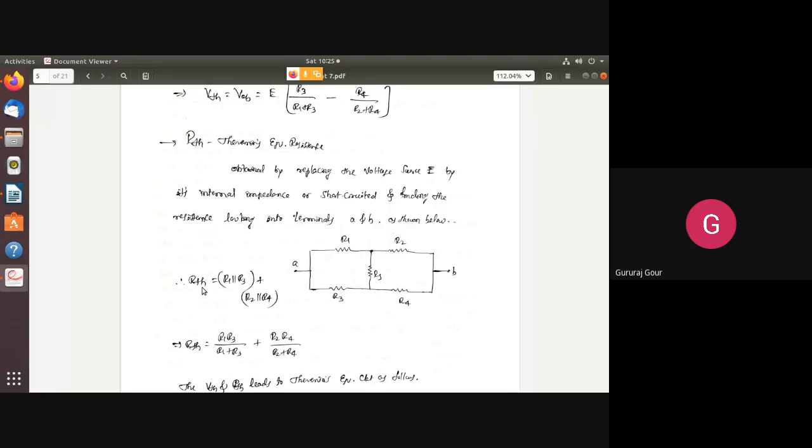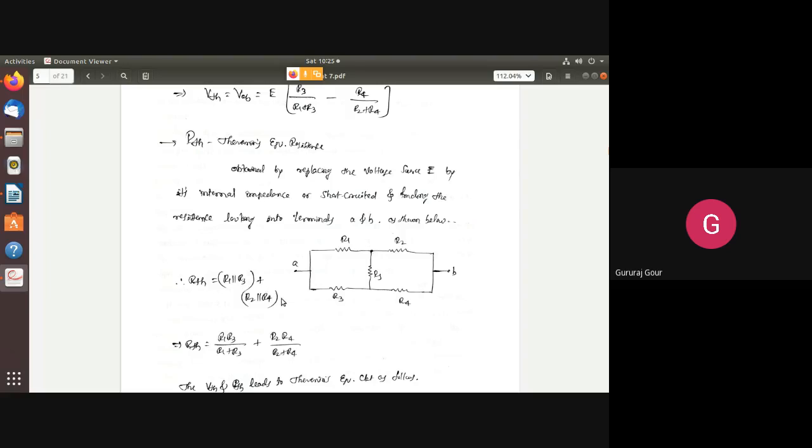So what we can find is RTH. Now you can see R1 is in parallel with R3 and R2 is in parallel with R4.